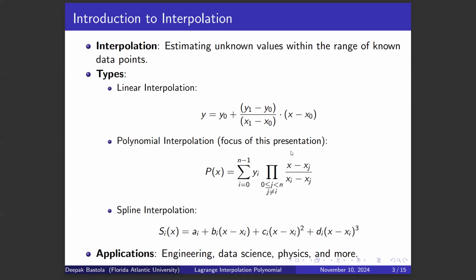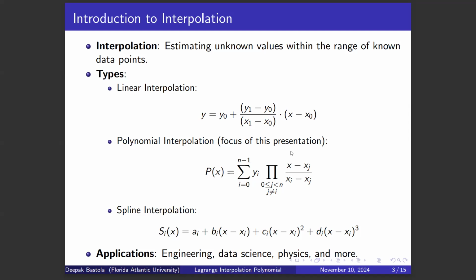When we have a set of discrete data points and want to find the value of a function at a point between these points, interpolation allows us to construct a new data point within the range of the known data.